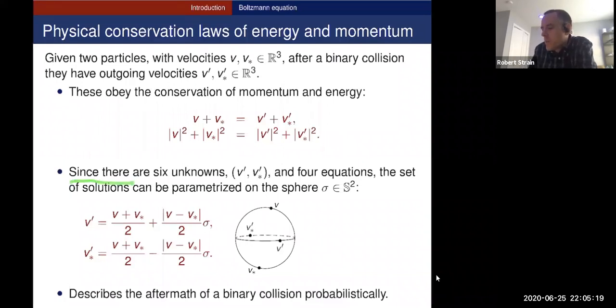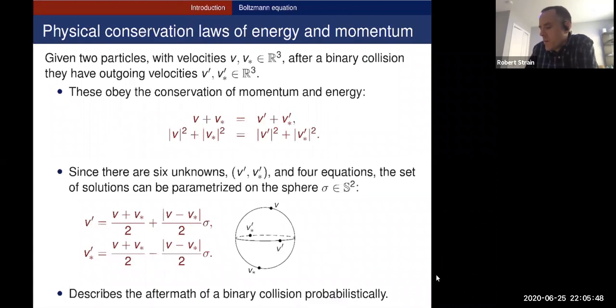So since there are six unknowns, v prime and v prime star, and four equations, the set of solutions can be parameterized on the sphere, sigma in S^2. There are several different formulas that you can write. One of them is written here: v' is (v+v_*)/2 + |v−v_*|/2 times sigma, and v' star is the same thing with the minus sign instead of a plus sign.